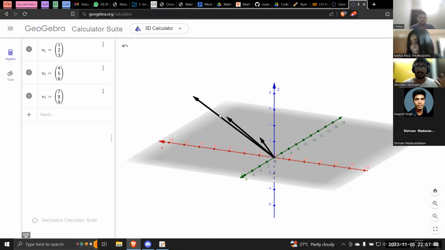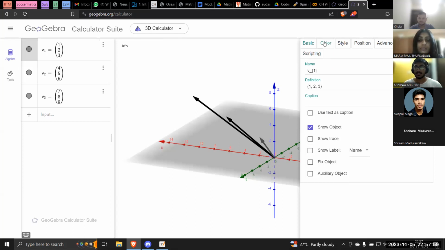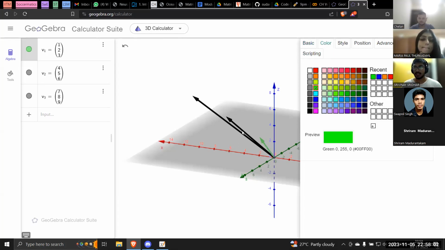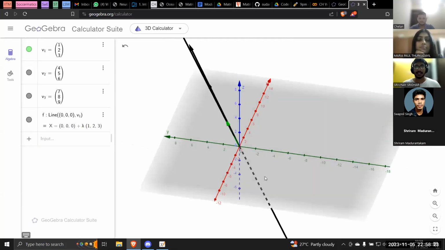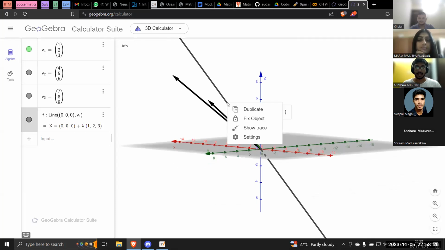What does this tell me? It tells me if I take the first vector, if I take Maria's suggestion and start walking along this direction, I will have an entire line to walk around, this entire green line.